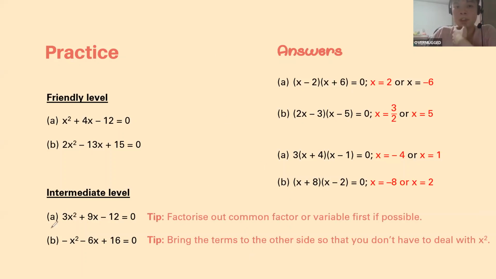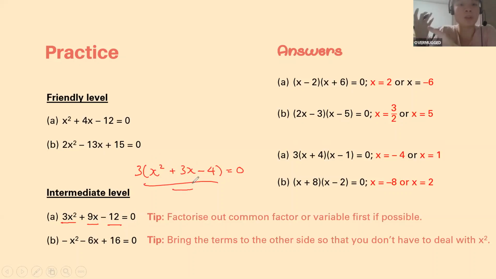For your A, basically factorize out common factor or variable first, if possible. You realize that everything is divisible by 3, so you take out 3 first, and then you will get this. Then you perform your box or multiplication frame. Your numbers are smaller, easier to deal with as well.